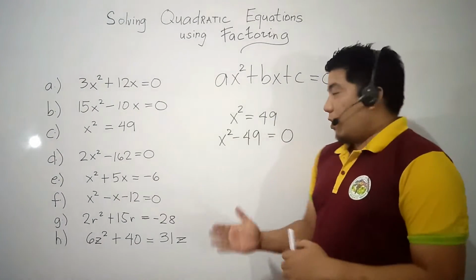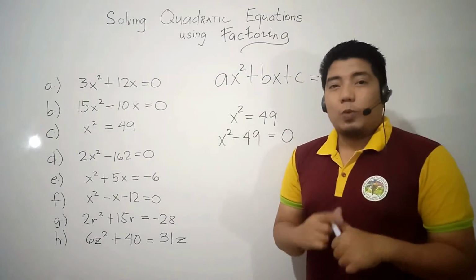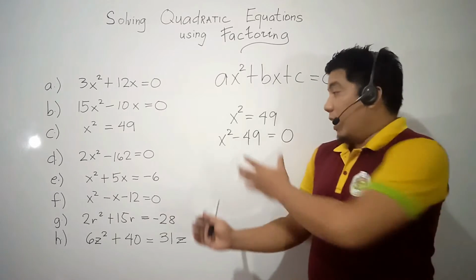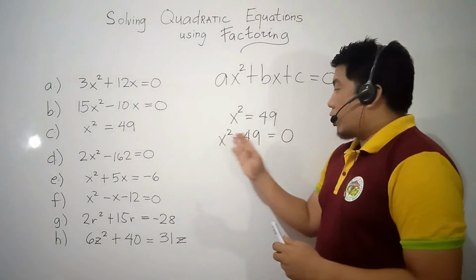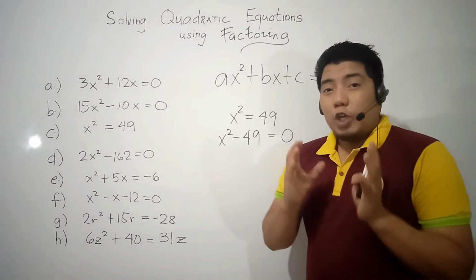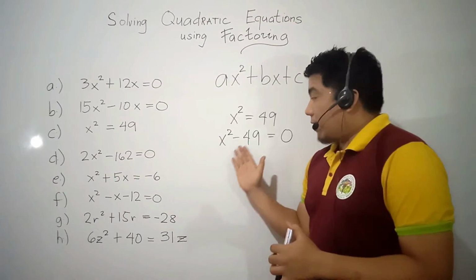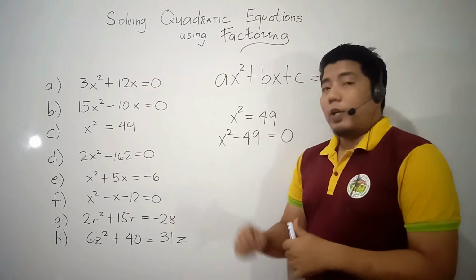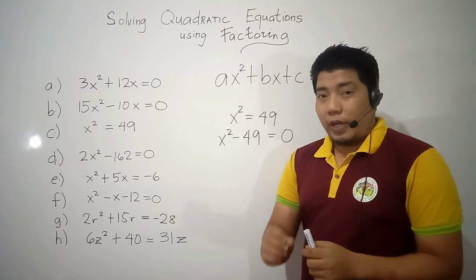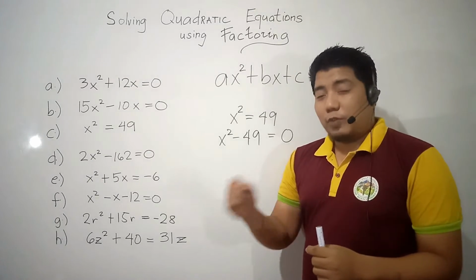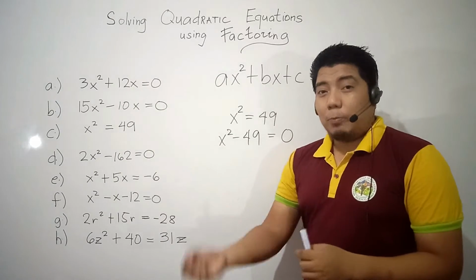Okay? Now, if you are in this level, what you will do is you just factor this equation. So x squared minus 49 is equal to 0. You have to factor x squared minus 49. Now this kind of an example is what we call the difference of two squares. Remember that the difference of two squares is a special product.